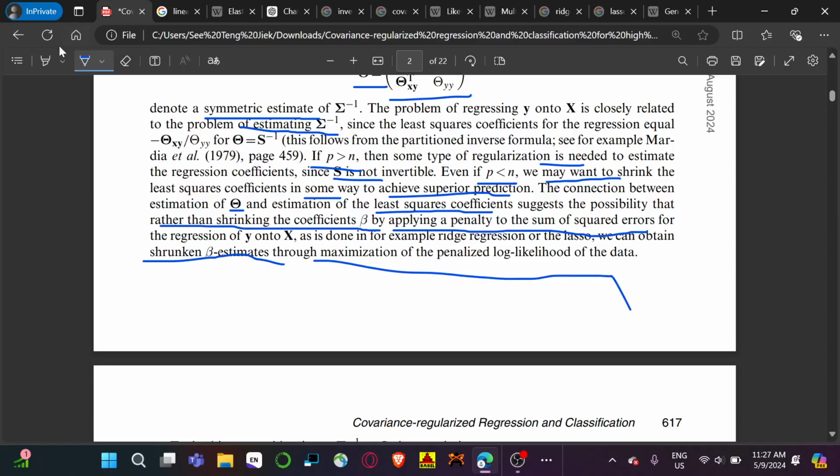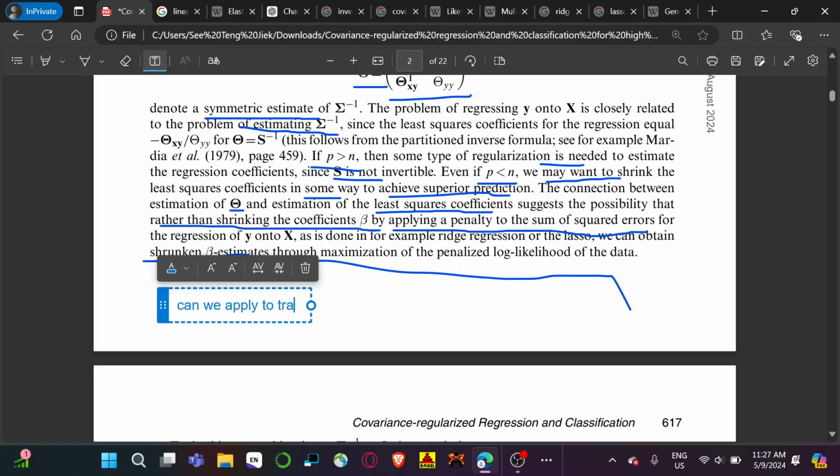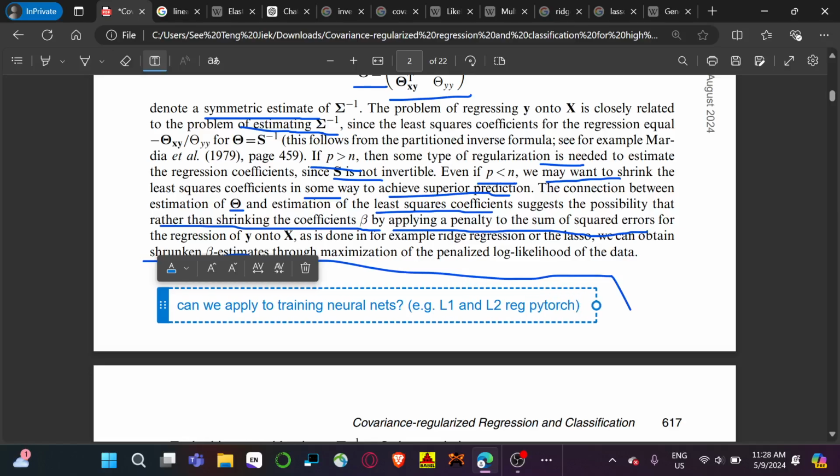Oh yeah. Now that I think about it, can we apply this to training neural nets? Because if you think about it, for the lasso we already have L1 and L2 regularization, which you can implement using PyTorch.